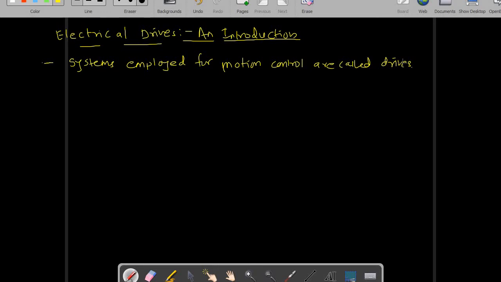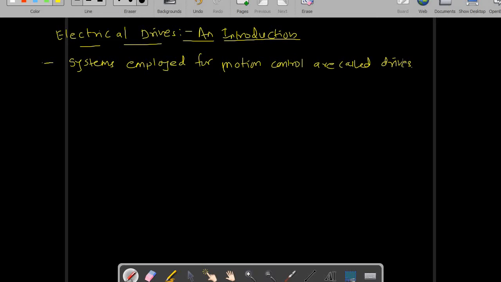Now for motion control, these systems employ any of the prime movers such as diesel or petrol engines, gas or steam turbines, steam engines, hydraulic motors and electric motors for supplying mechanical energy for the motion control. Right?